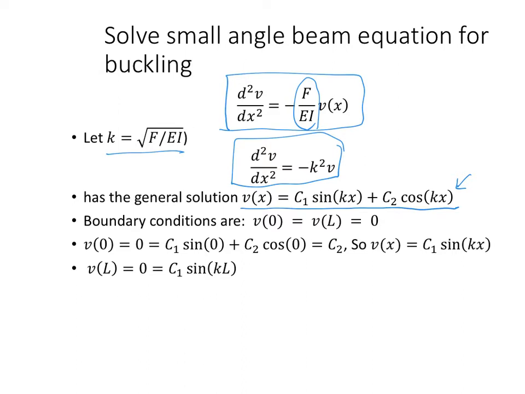Because of the way these differentials work, we twice take out the prefactor k, and so that ends up with the negative k squared. This is a general equation with an infinite number of possible solutions, but we can use the boundary conditions to find the specific solutions to this.